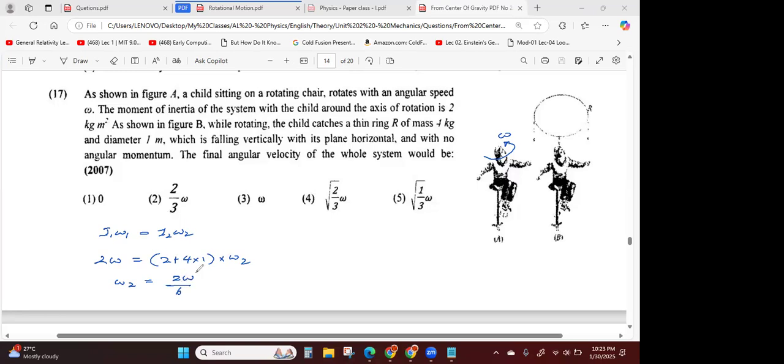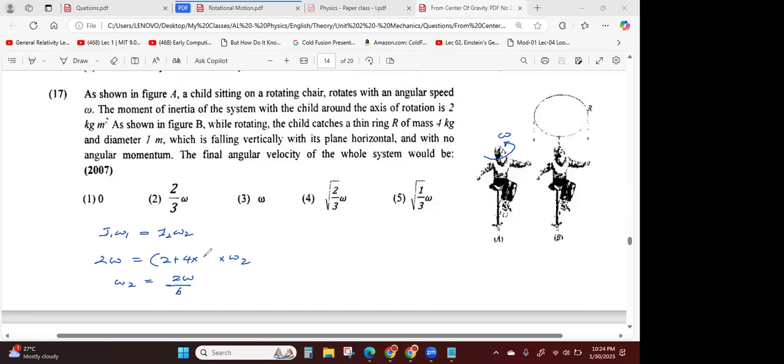So it will be I1 omega 1 equals I2. So here, 2 plus mr squared, 4 into the diameter is only 1 meter, so the radius is half of it.